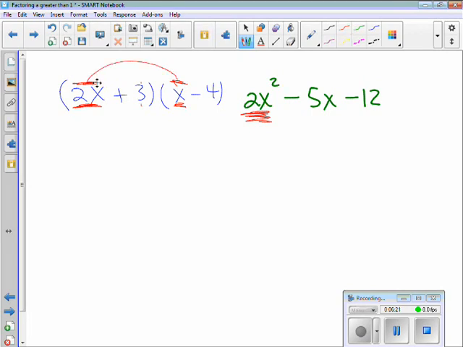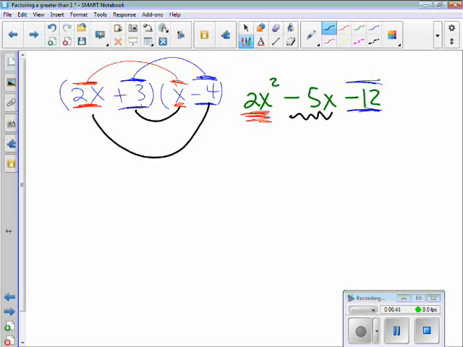And then this last term here, this negative 12, is created by multiplying these 2 last terms, right? And then this middle term is created by the addition of those 2 terms. So keep that in mind as we go through this next section of factoring.